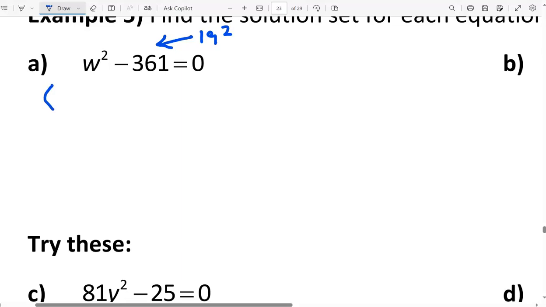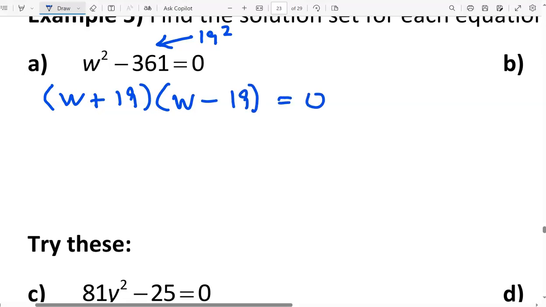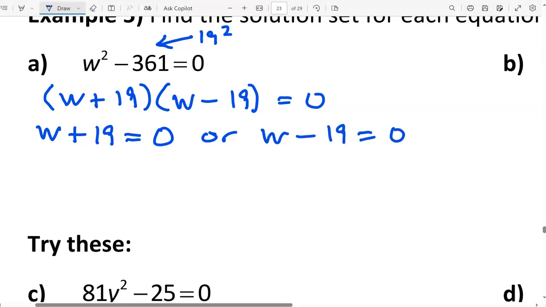That means that this is the difference of two perfect squares, which will factor into w plus 19 times w minus 19. And if two factors multiply and the result is 0, then either the first factor equals 0 or the second factor equals 0.